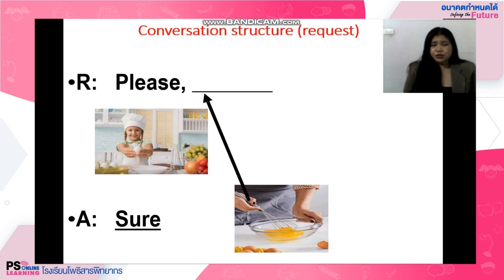The same photos as question and answer, but this time it is request. I already gave the answer, just one. So you just have to write the action. What do you want someone to do? Please. What is the action? Think first.